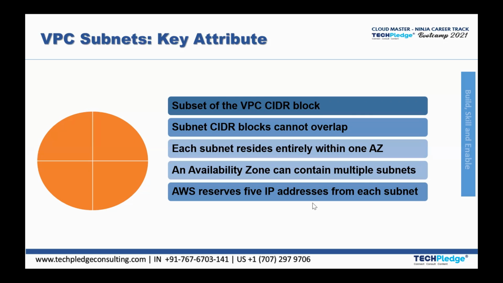Also, on a second note, an availability zone can contain multiple subnets. Just a quick short note: subnet is not a region-based service. Subnet is an availability zone service. Now, which service comes under region-based? The service that comes under region-based is our VPC, not the subnets.